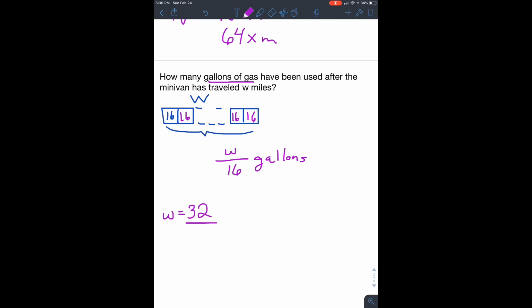So we substitute in that 32 for the W over the 16 gallons. So now we simplify that. 32 divided by 16. Well, 16 goes into 32 twice. So to go 32 miles, we need 2 gallons of gas.